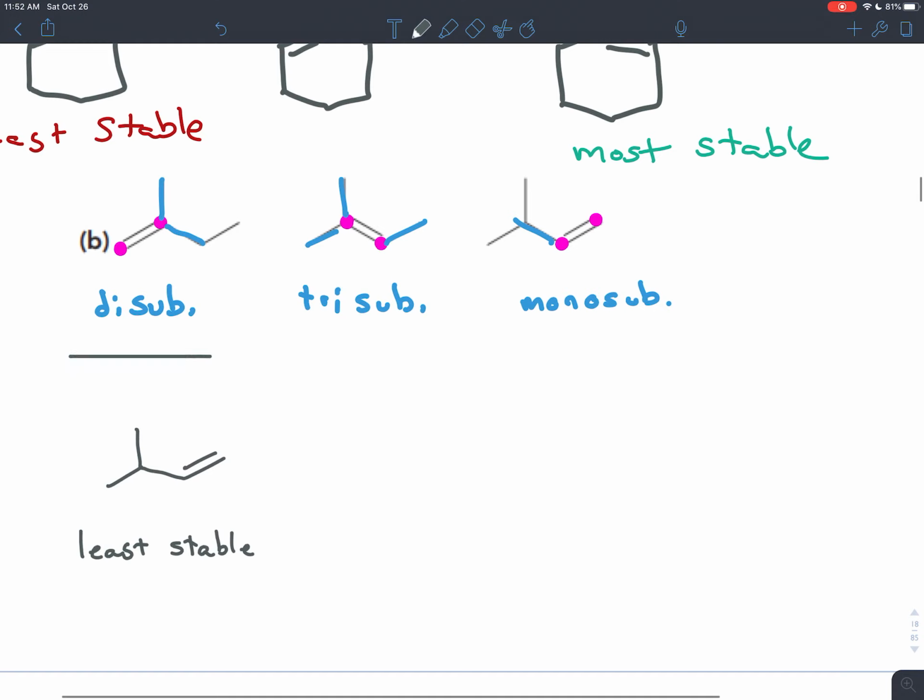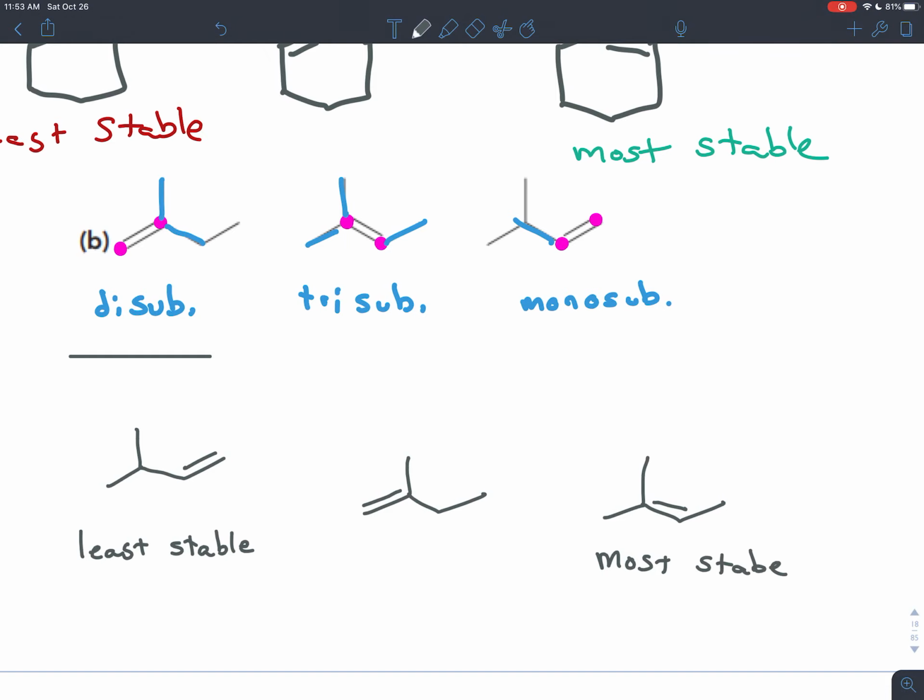The disubstituted is the next most stable. So we'd have this one. And then the most stable of all is the trisubstituted in this series. And so this is the most stable.